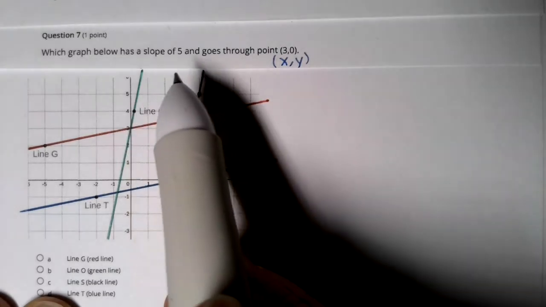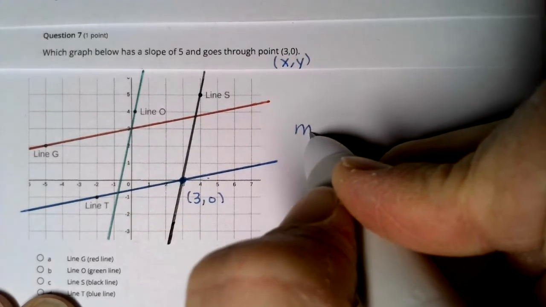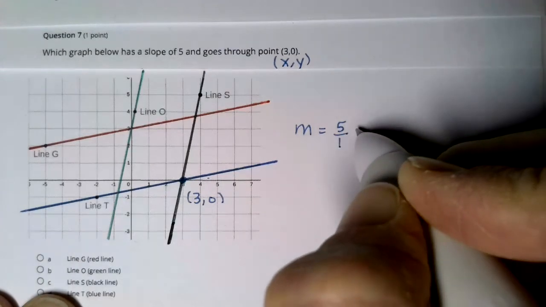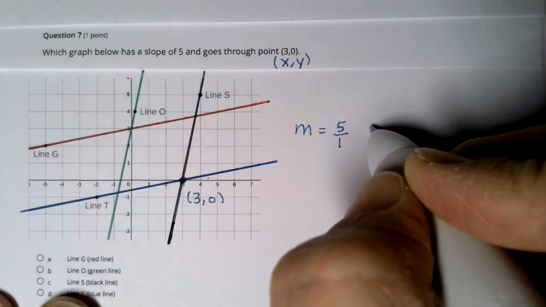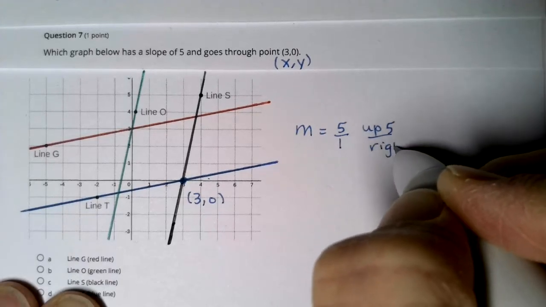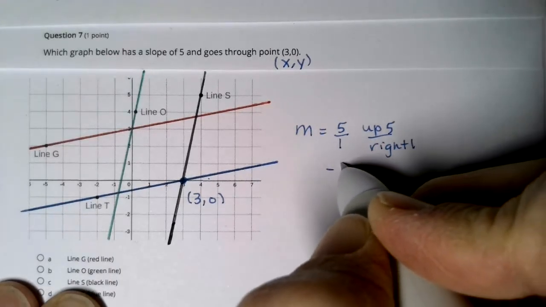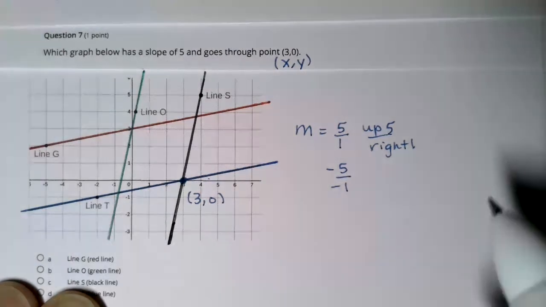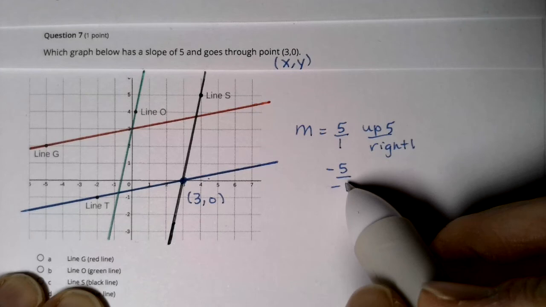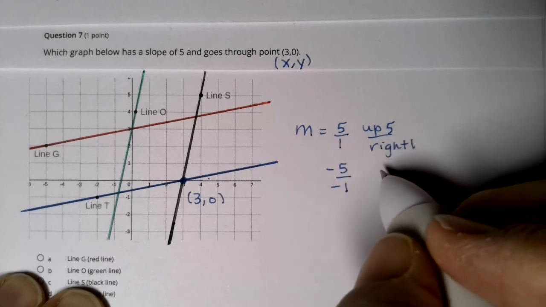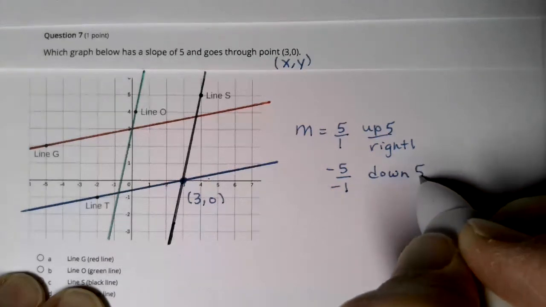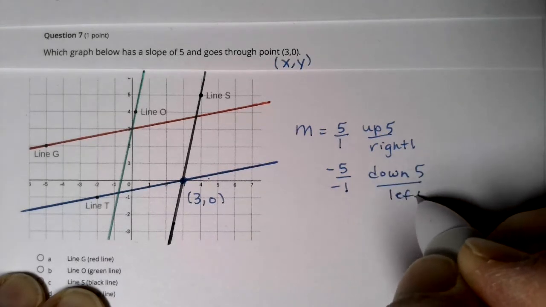And so now I want to use my slope. And so we're told that the slope is 5. And I want to think of that as 5 over 1. So I can think of this as up 5, right 1, or if I think of this as negative 5 over negative 1, because negative divided by negative is still a positive. You could also think of this as down 5 and left 1.